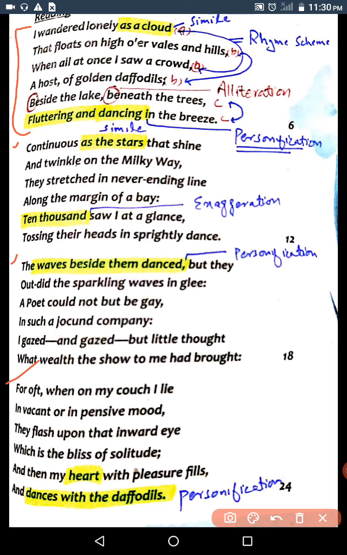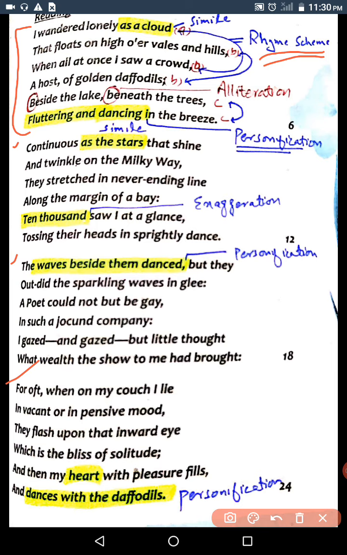Okay, like in prose you are having paragraphs. Now look, we discussed another concept, and that was rhyme scheme. Here I have written it for you. Rhyme scheme. Look, the word cloud ends on d sound, but hills ends on z sound.